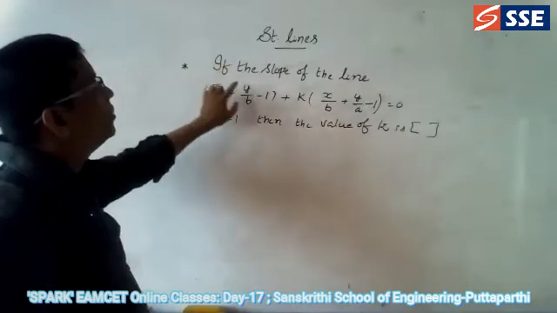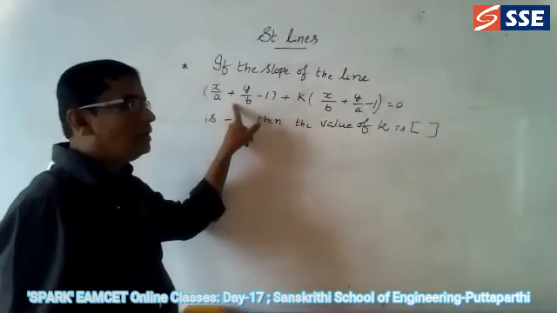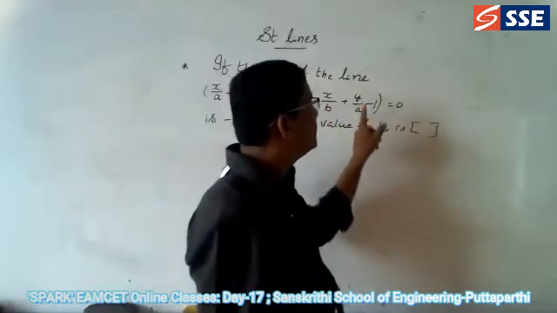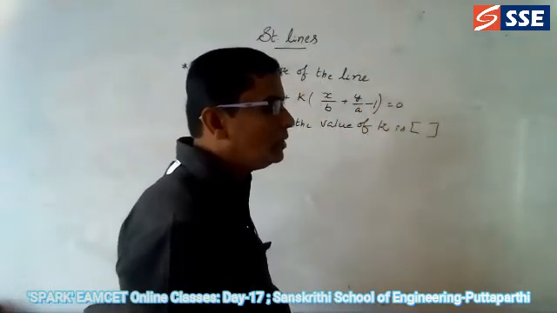See here, if the slope of the line x by a plus y by b minus 1 plus k into x by b plus y by a minus 1 is equal to 0.